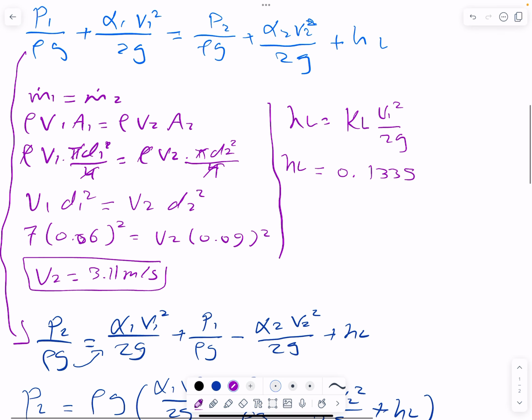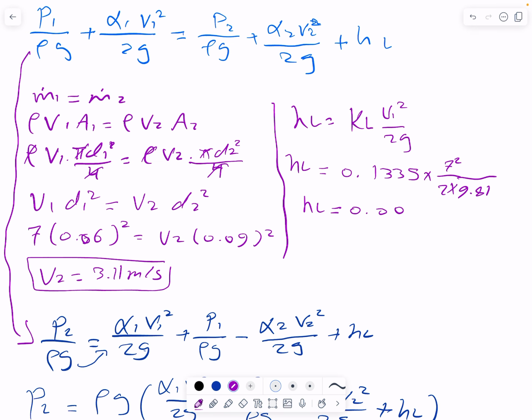Okay, so this is the KL, multiplied by V1, which is 7 squared divided by 2 times 9.81. So the head loss is equal to 0.333 meter.